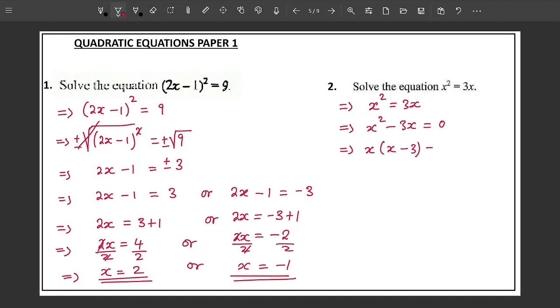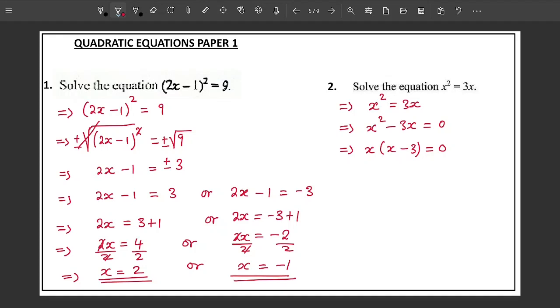Now, for this to be 0, it means either this x is the one that is 0 or x minus 3 is the one that is 0. You have to understand that here we have x and x minus 3 multiplying.